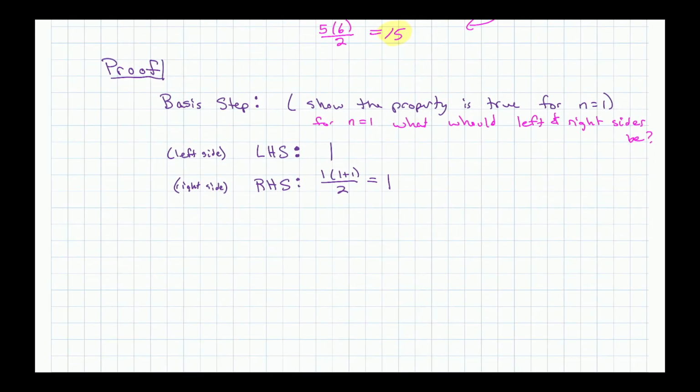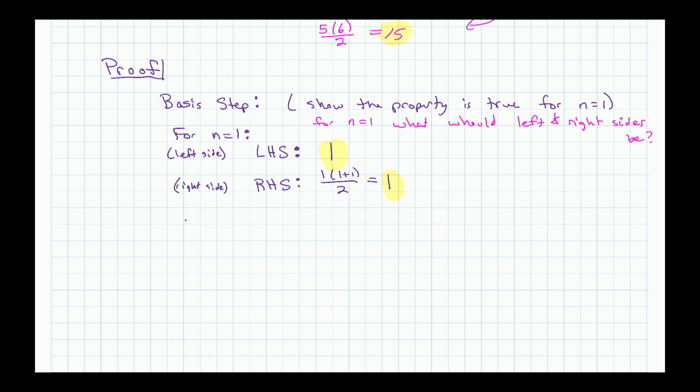Now, I know I wrote in parentheses there, show property true for n equals 1, but I probably should have written that down here too as well. I should say, for n equals 1, and then what I wrote. And so what we do is we see that these are equal, right? This and this are equal.